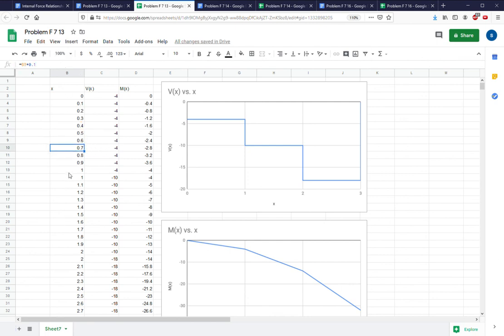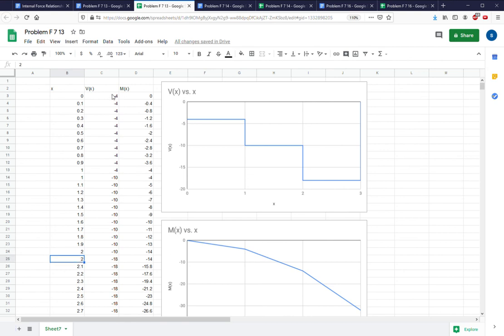Now, you might notice I didn't do that for everything, and that's because in order to do a discontinuous jump like this, you actually need to have the same x value twice. So I recognize that there is going to be a discontinuous jump in the shear function at x equals 1 meters and x equals 2 meters. So I had 1 meter and 2 meter done twice.